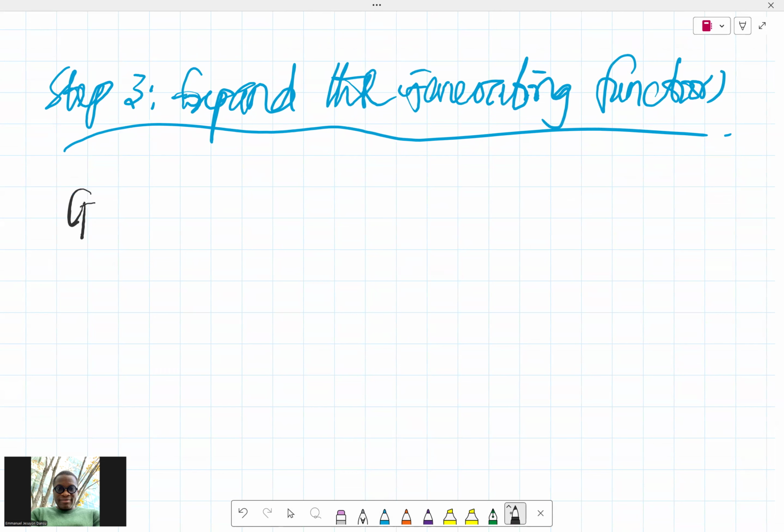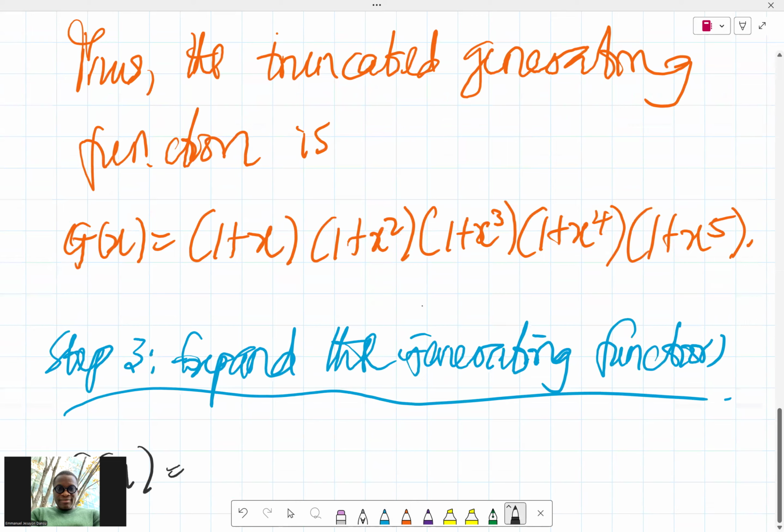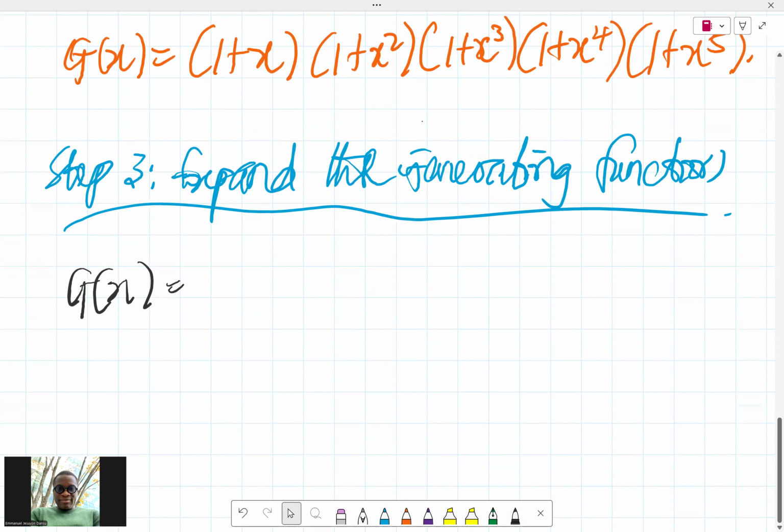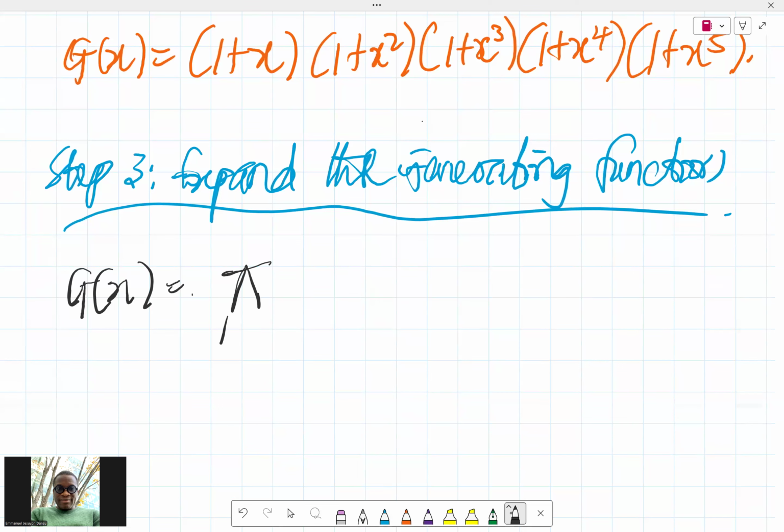For instance, here we have g of x equals 1 plus x into 1 plus x squared into 1 plus x cubed into 1 plus x raised to power 4 into 1 plus x raised to power 5. So here we want to expand and make sure we do not get any power above x raised to power 5. We already said that this is the product from k equals 1 to 5 of 1 plus x raised to power k.